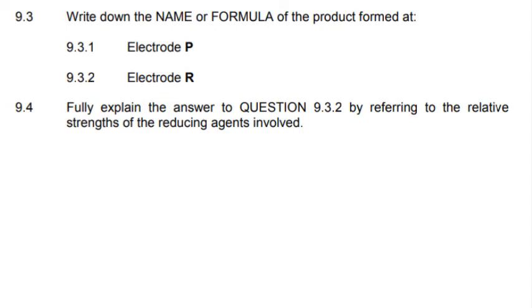Question 9.3 says write down the name or the formula, so don't write down both, the name or the formula, of the product formed at electrode P and electrode R. Okay, so let's go back.